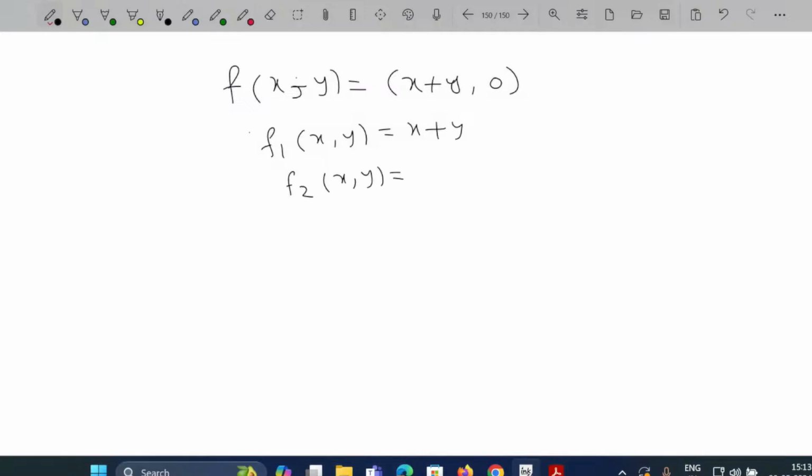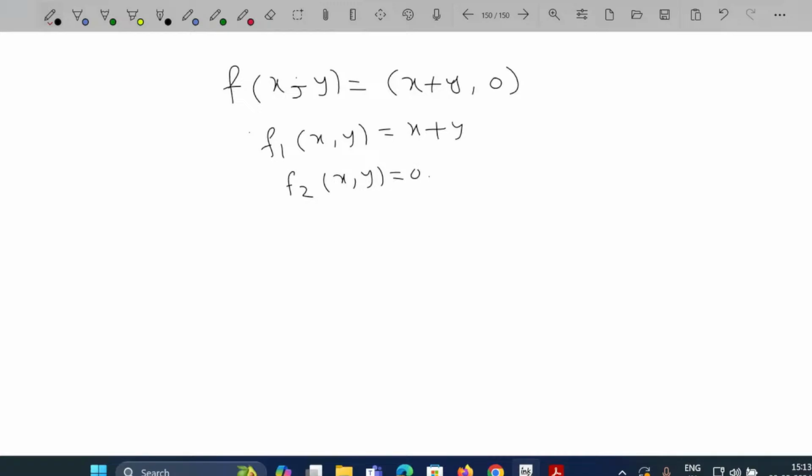So if we have f of x comma y, let's say x plus y comma, let's say 0. Okay. What is the matrix of the function? f1 of x comma y is x plus y. f2 of x comma y is 0.